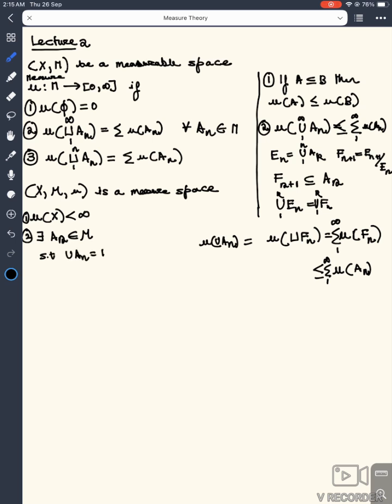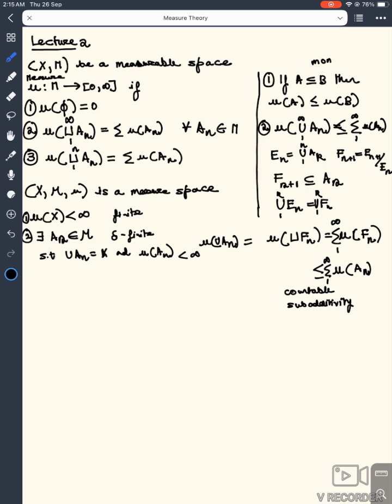If there is a countable collection of sets in M, each of which has finite measure, and their union is the entire space, so X can be written as a countable union of finite measure sets, it is called sigma-finite.